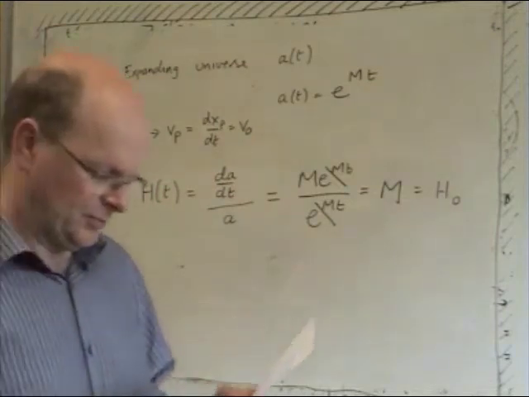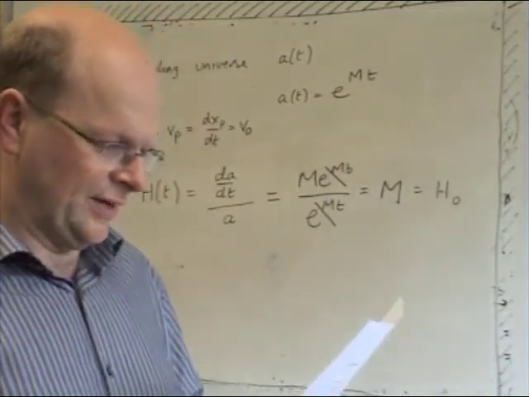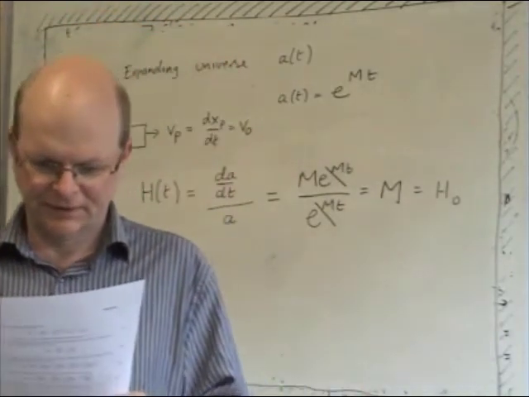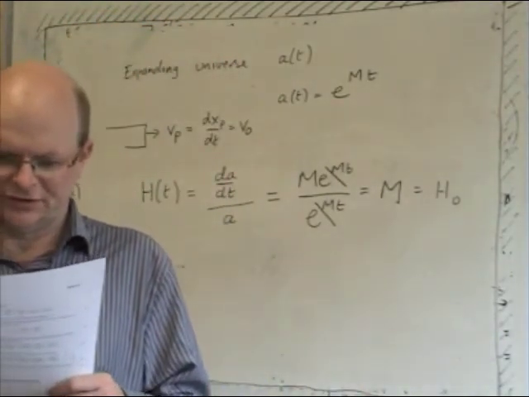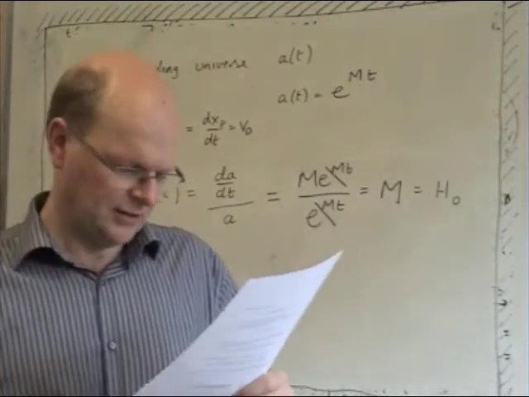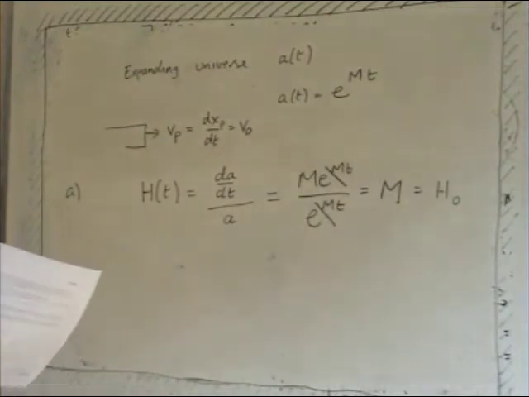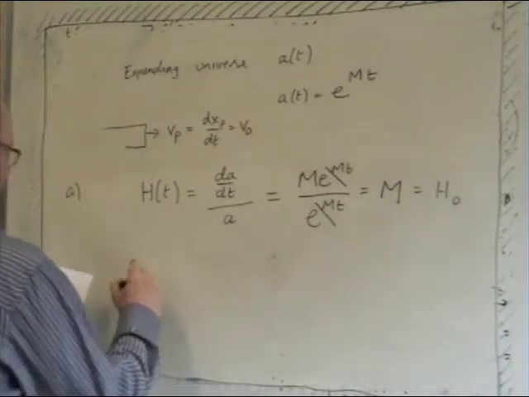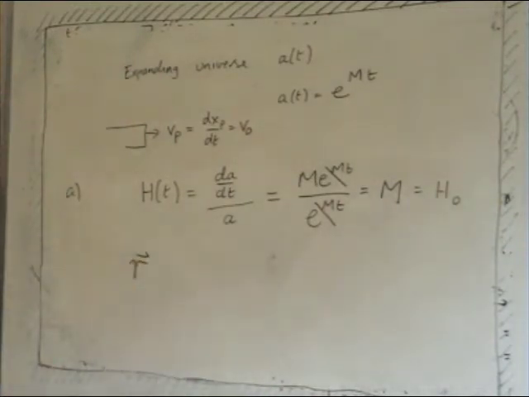Okay, so part B: show that the co-moving coordinate of the bullet, xc of t, is given by some differential equation. The way you do that is you say, suppose r is a vector from me to the bullet.